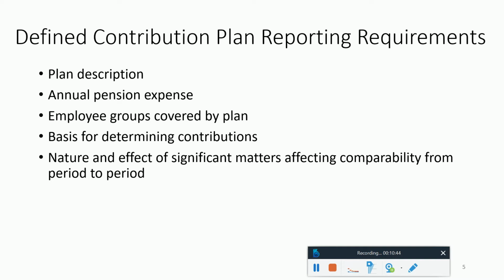Oftentimes, companies may have different plans for their hourly associates versus their salaried associates. You see this a lot in the case where a company might be in the manufacturing industry where they've got a lot of warehouse or manufacturing workers that might be on an hourly basis versus corporate level associates, which might be salaried.